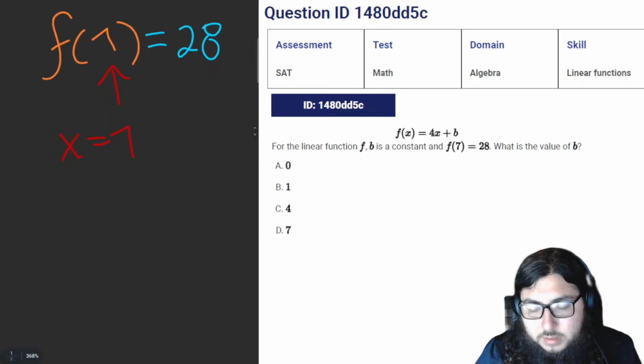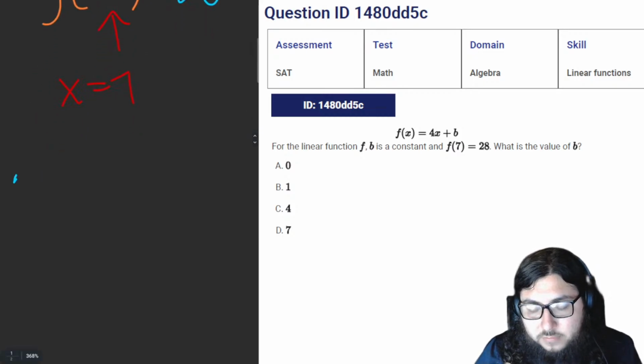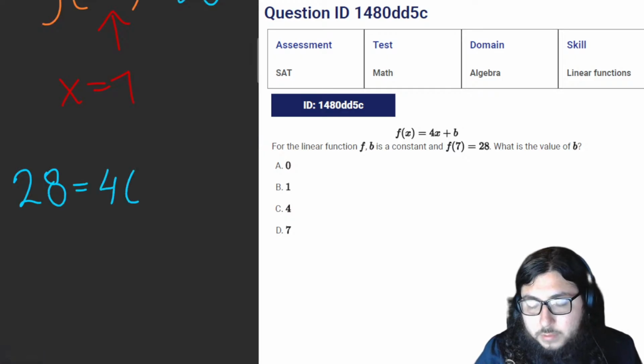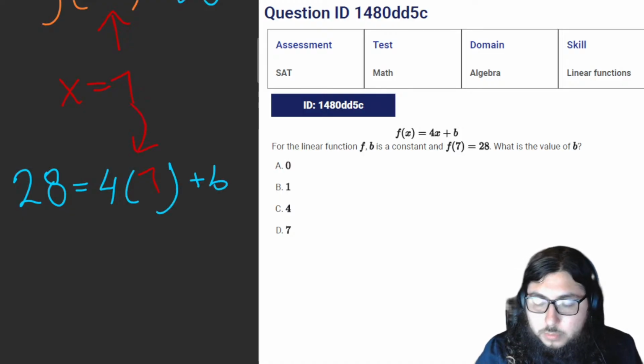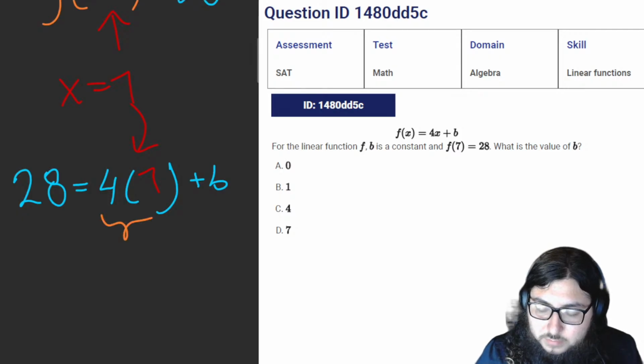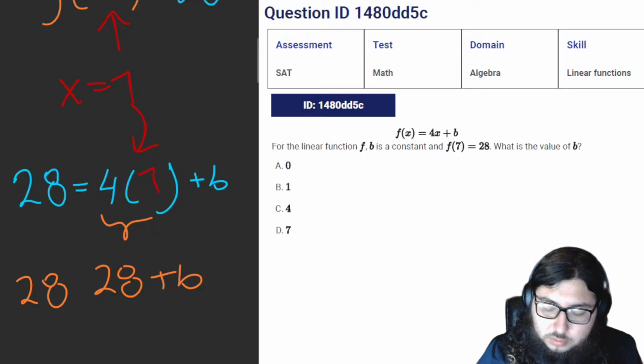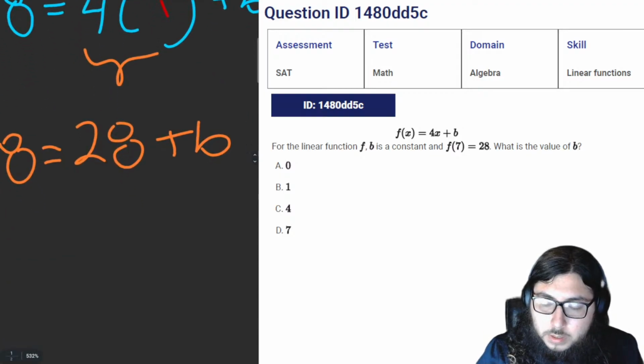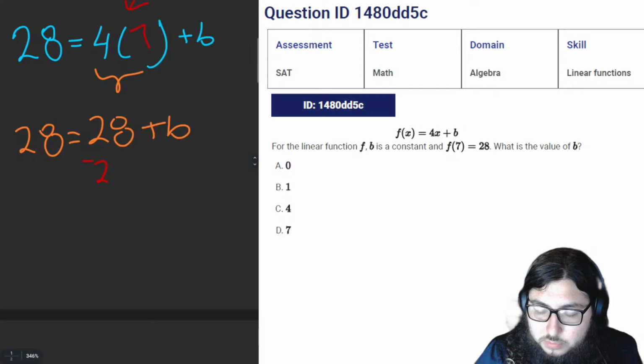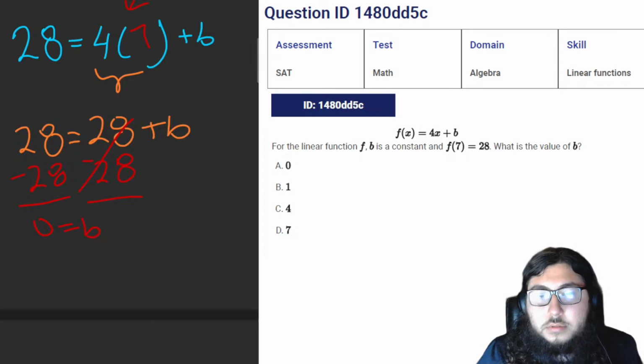So we would just replace these things accordingly. f of x would become 28 and x would become 7. So we would solve for b. 4 times 7 is 28, plus b. 28 is equal to 28 plus b. And you might know that this would result in b being equal to 0.